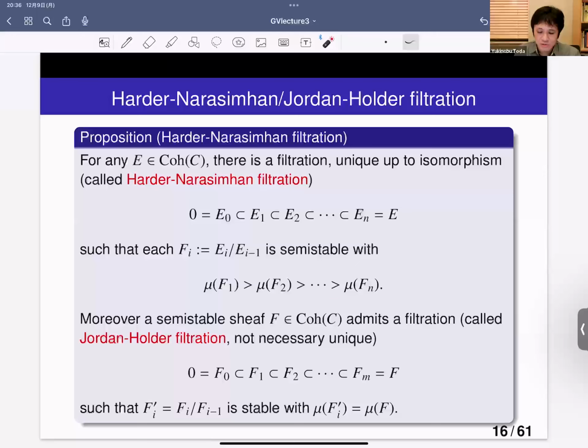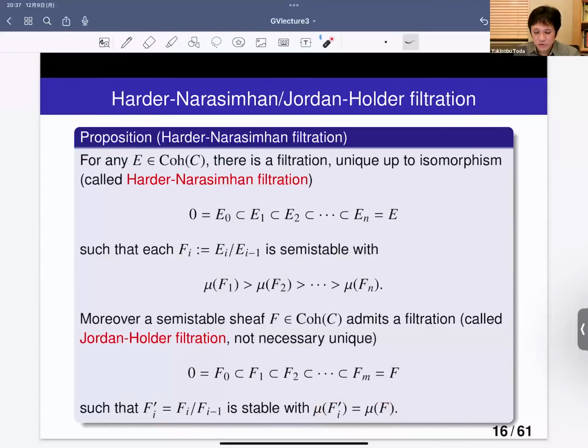Furthermore, every semi-stable sheaf admits a filtration called the Jordan-Hölder filtration. So contrary to the Harder-Narasimhan filtration, this Jordan-Hölder filtration is not necessarily unique. But nevertheless, there is such a filtration so that each subquotient is stable, and now the slopes are the same.